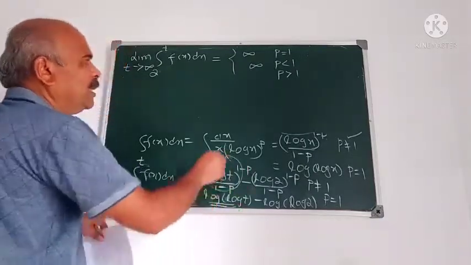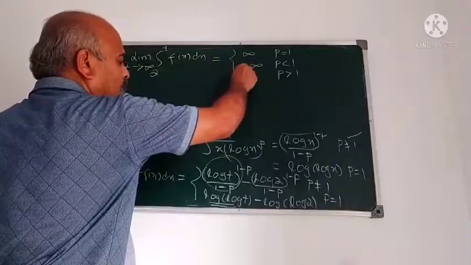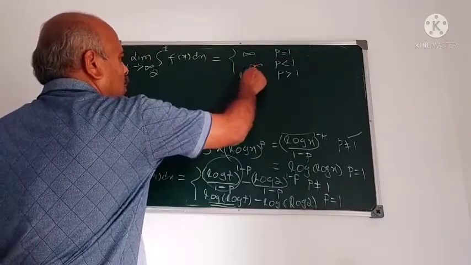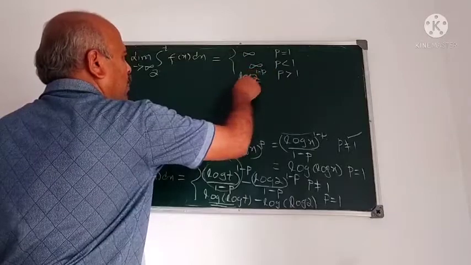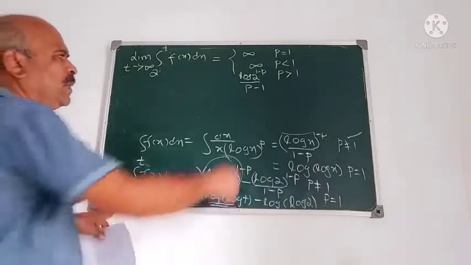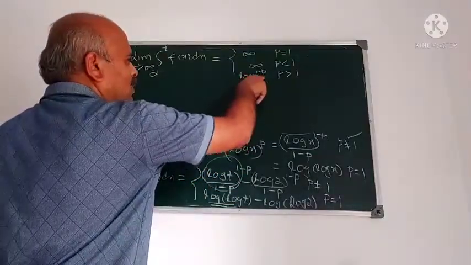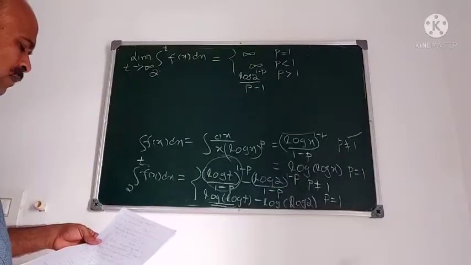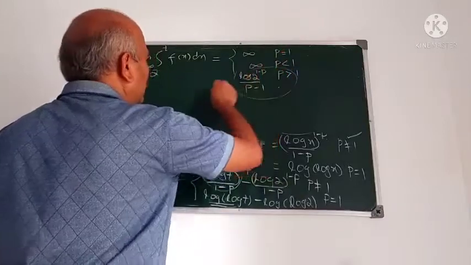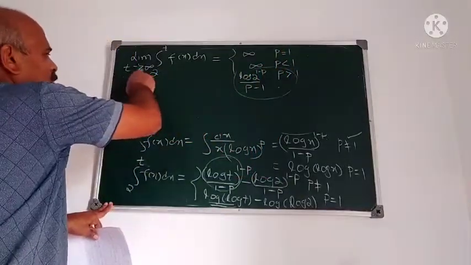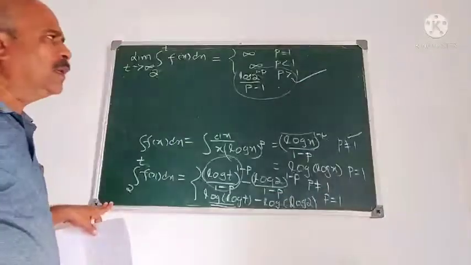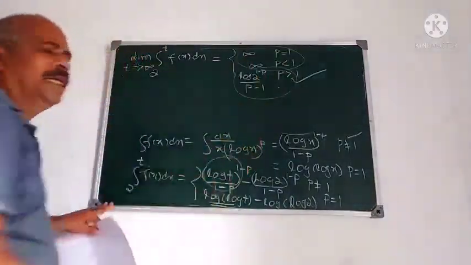This becomes 0, and the result is (log 2)^(1-p) upon p minus 1 when p is greater than 1, or we can write 1 upon (log 2)^(p-1). Anyway, this becomes finite, that is, the integral from 2 to infinity of f(x) dx becomes finite only when p is greater than 1. When p is less than or equal to 1, it is infinity.